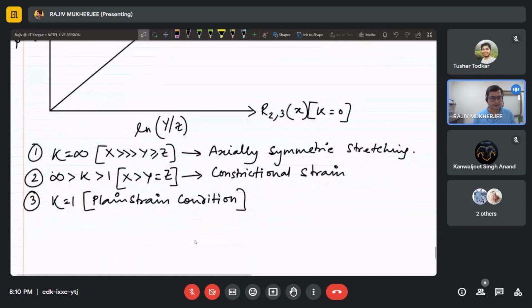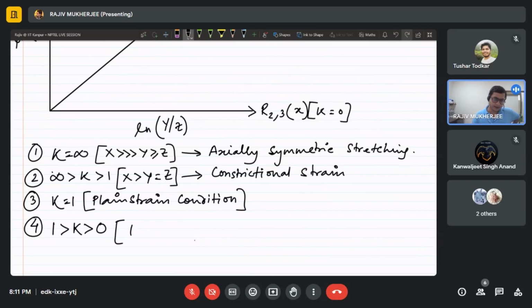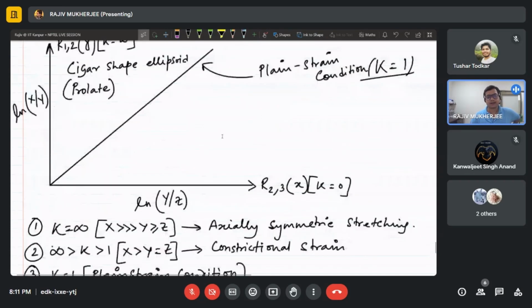So in this case we will have x greater or equal to y greater than z. This is known as the flattening strain. And this domain is also known as pancake shape ellipsoid, or oblate.